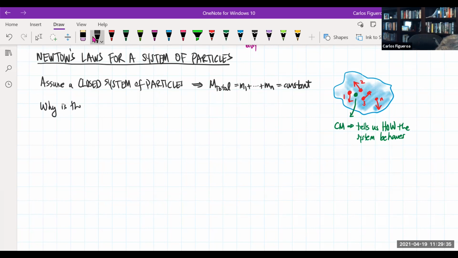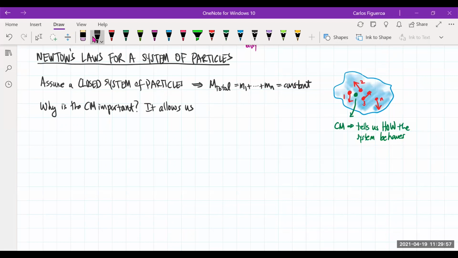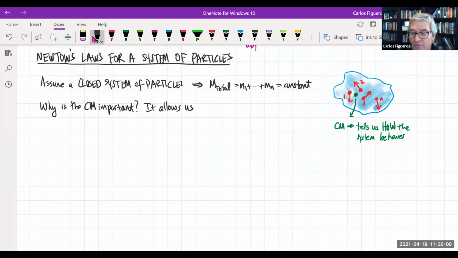Why is the center of mass important? And the answer is that it allows us. So let me ask you this question that you just asked. What about the center of mass of the Earth? Would you say that's fixed? But doesn't the wind, the ocean, and all the things that are moving around in the Earth vary? But if it's an isolated system, the center of mass is fixed on that. The sun is even worse.